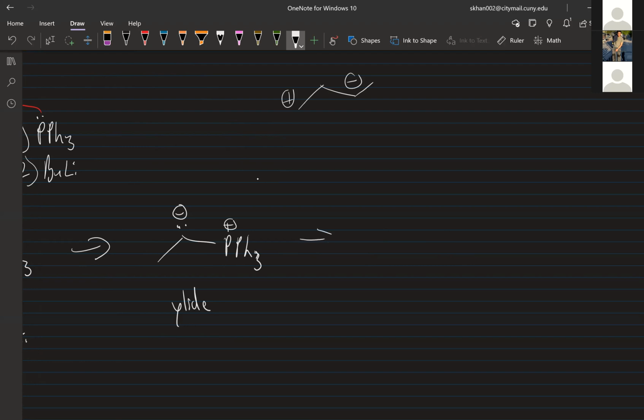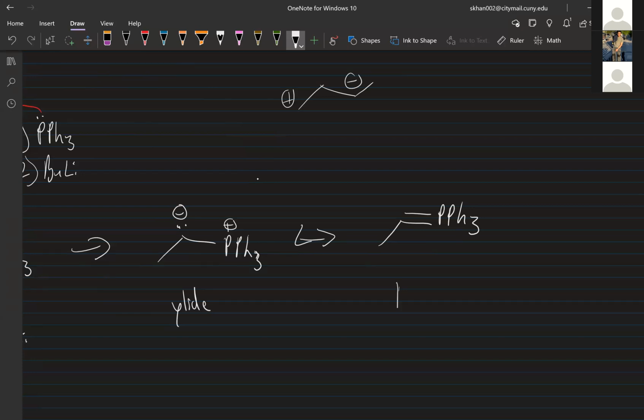And this kind of has two forms, right? It has the ylide form, and then the other form, which is, anyone know what's the name of this kind of form, where it's double bonded? I don't know if your professors might have mentioned it or not.